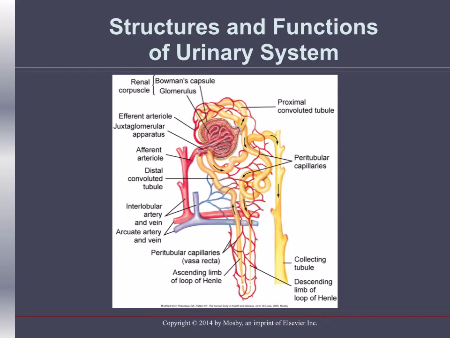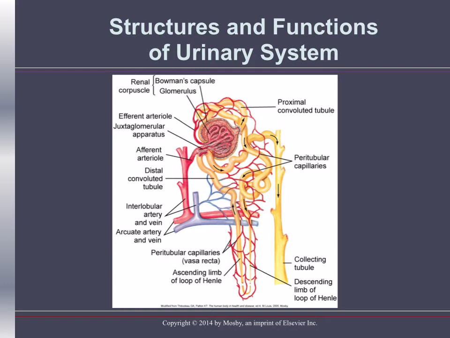Now this is a structure of the nephron, explaining all the different mini structures inside it, and it is also showing you the surrounding blood vessels. Now, the tubular system consists of the proximal convoluted tubule.